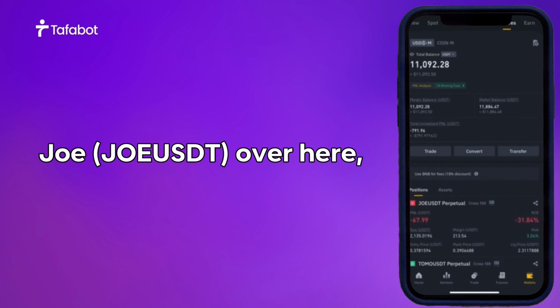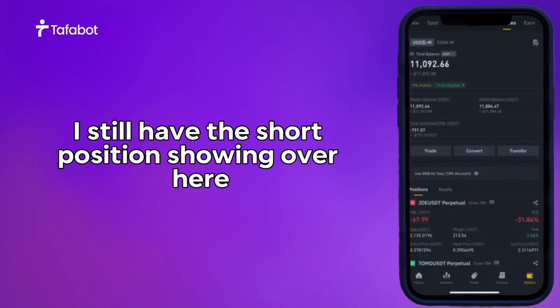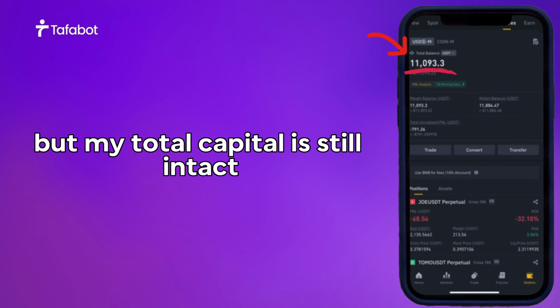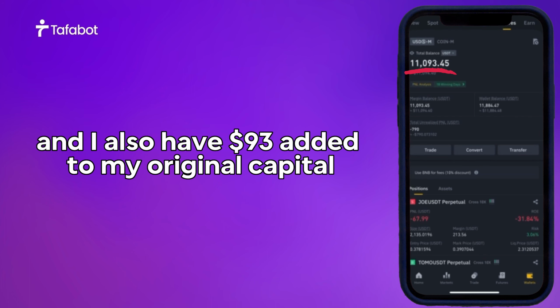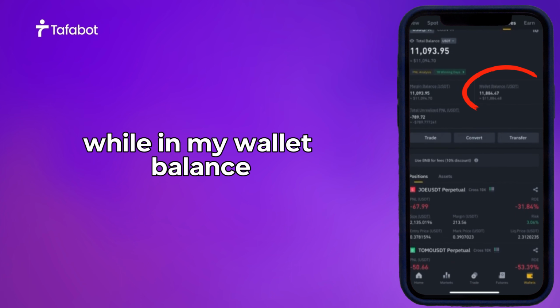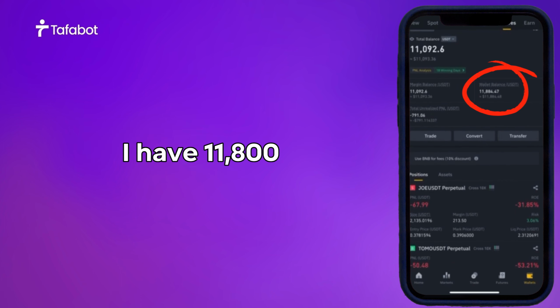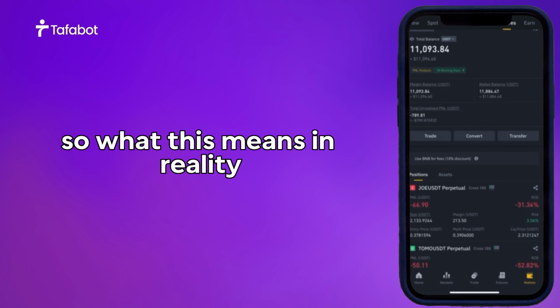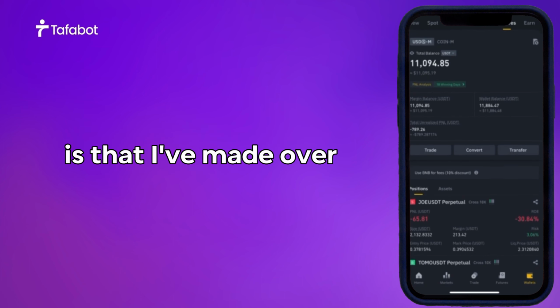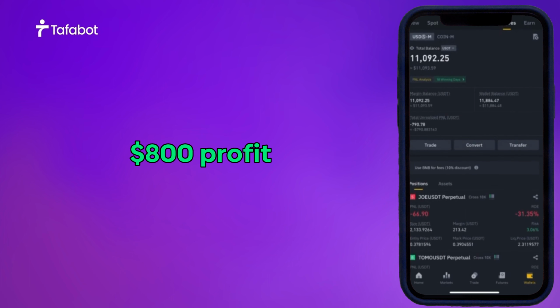While you can see here, Joe over here, I still have the short position showing, but my total capital is still intact, and I also have $93 added to my original capital, while in my wallet balance I have 11,800.